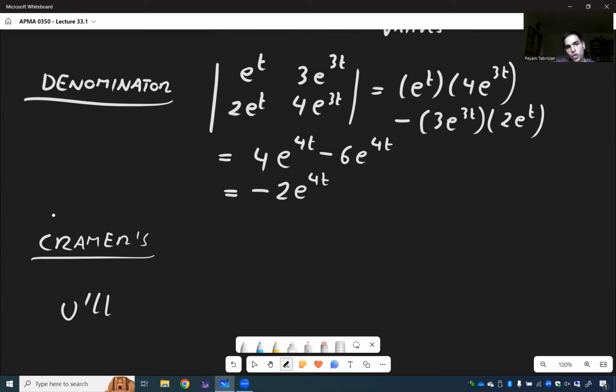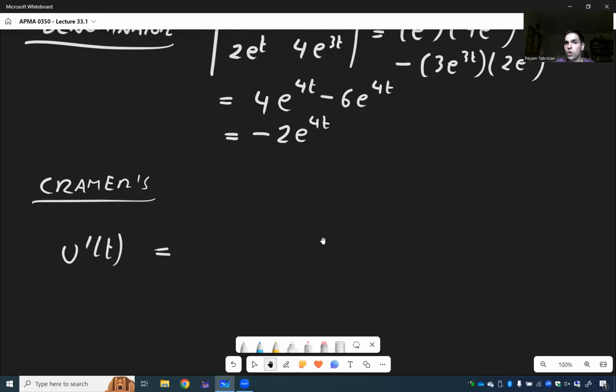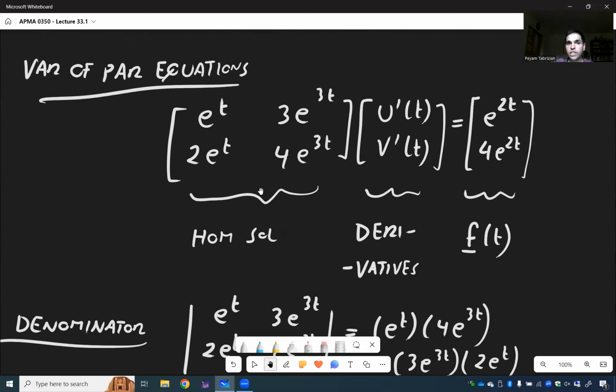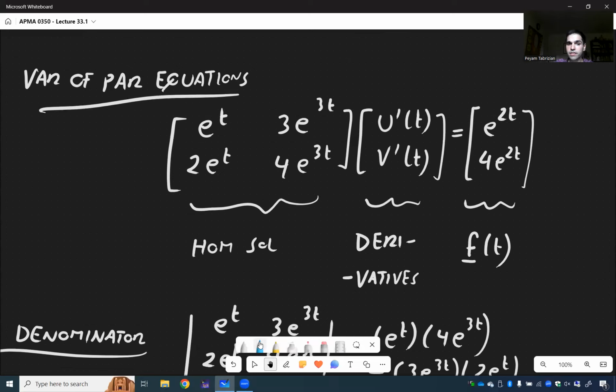So it says that u prime is the ratio of two determinants, one being the determinant of the matrix, which was in fact minus 2e to the 4t, which was calculated. And for the numerator, we take the same matrix, but we replace the first column by the right-hand side.